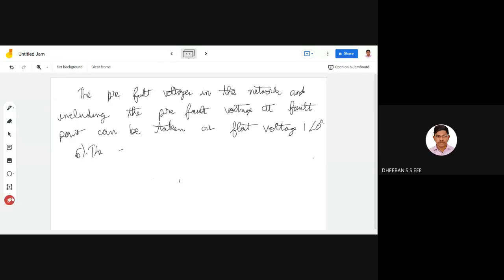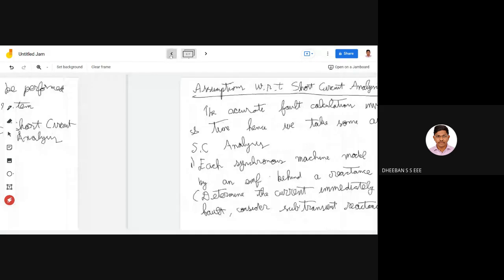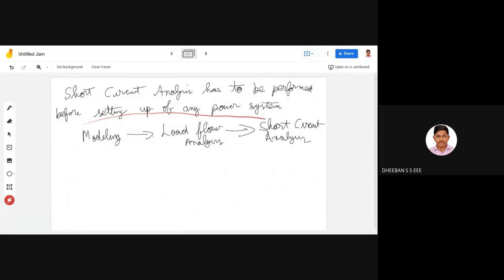What I'm saying is that these processes are all done by the power system engineers before setting up a power system network. They will be doing a pre-fault analysis also. In the fault analysis itself there will be two types, a pre-fault and a post-fault analysis.